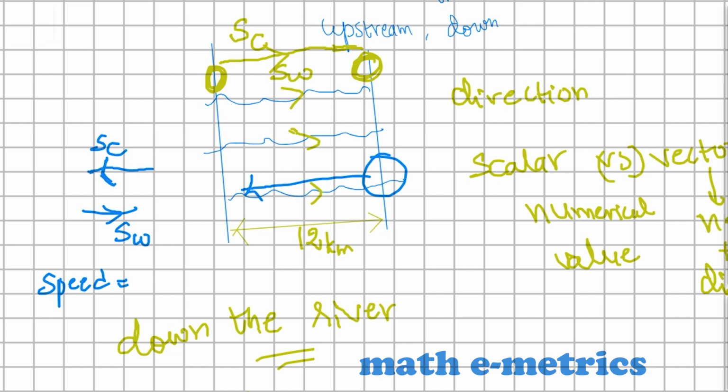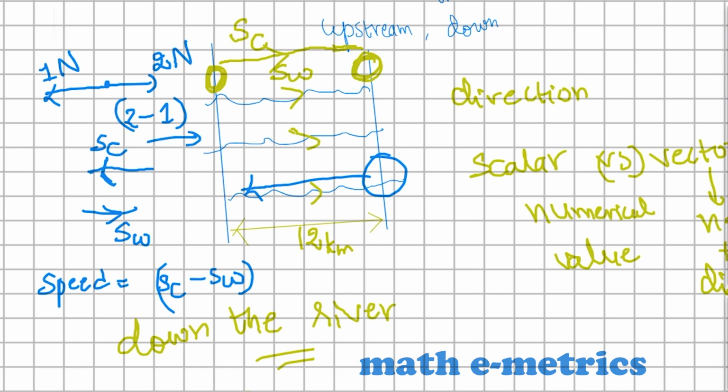It would be SC minus SW. See, if I am applying a force of 2 Newton on the right side and someone else is applying 1 Newton on the left side, the effective will be 2 minus 1, right? Opposite direction means you have to subtract.